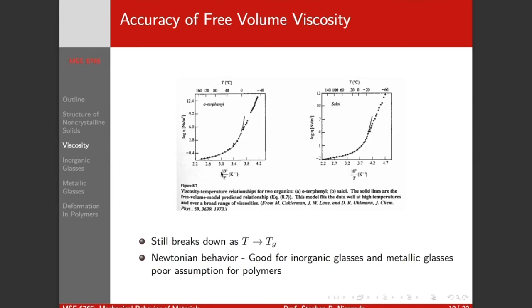Okay? And so this free volume model really predicts a Newtonian-like behavior. So it's good for inorganic glasses and metallic glasses, again at high temperatures and low stresses. It's a really poor assumption for polymers. Polymers almost never behave in the Newtonian regime, because of the long structure.